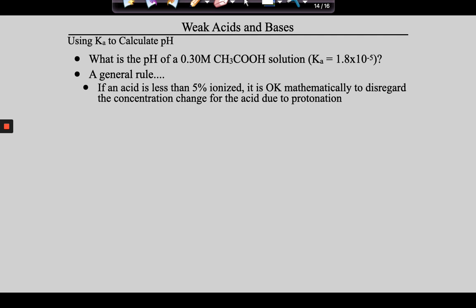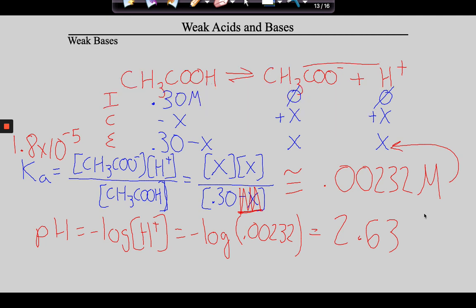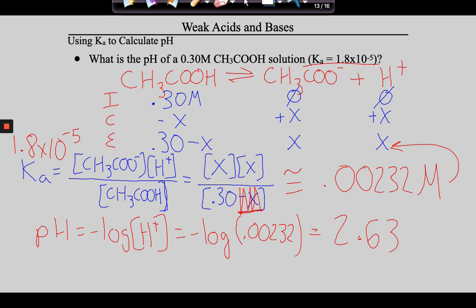Because the only way to come up with percent protonation, and by the way, we could do that here, is 0.00232 divided by 0.3 and times 100.